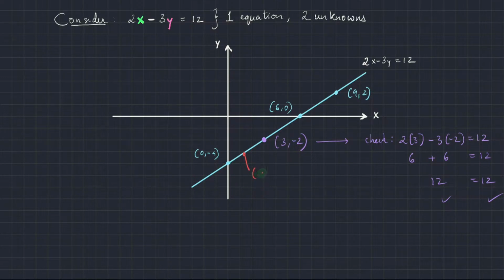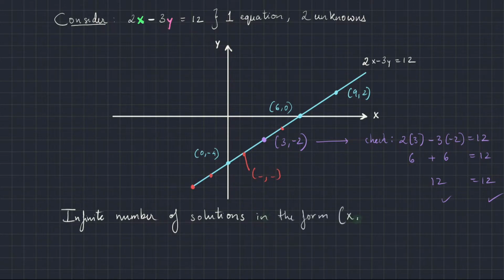And then this point also is a solution, and same with this point, same with this point. And in all, there is an infinite number of solutions. So to conclude this section, we can write down that there is an infinite number of solutions, and all these solutions are in the form (x, y).